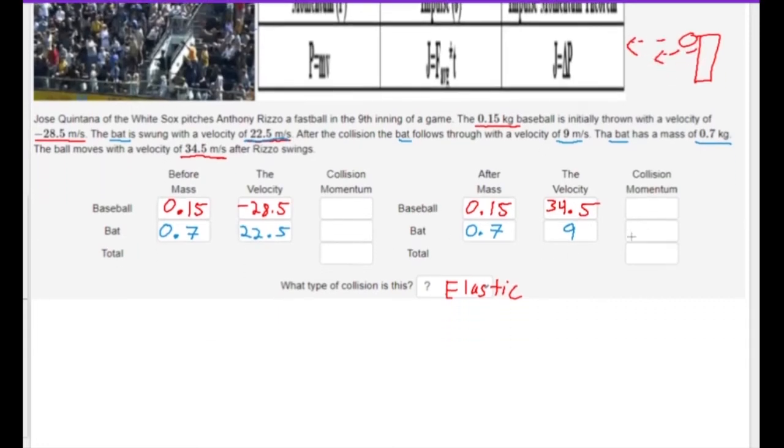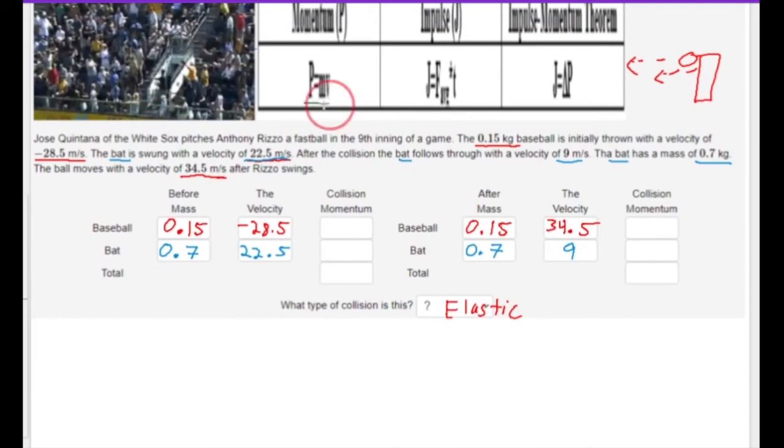Now that we have all these numbers in, it's really just simple algebra to figure out our final answer. We know that momentum is equal to mass times velocity. This is our mass, this is our velocity, this is our momentum. So in order to get that, we're just going to multiply these things across. So let's start with the baseball here. The baseball has a mass of 0.15 and it has a velocity of negative 28.5.